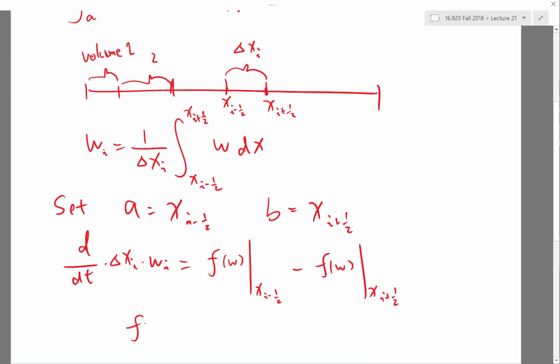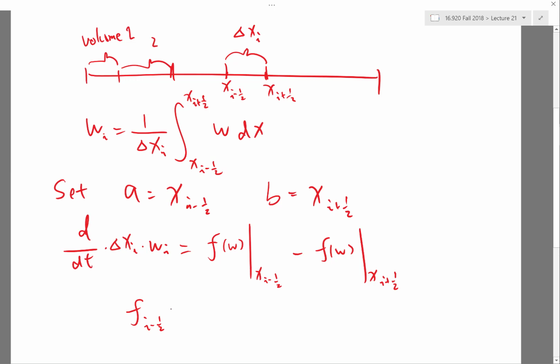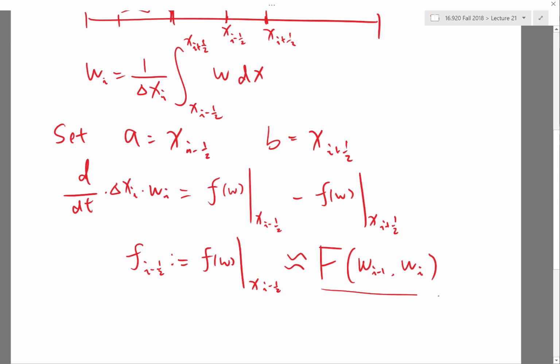And we have to approximate. Let's write f at i minus half, which is shorthand for f of w at xi minus half. We have to approximate it as a certain function. Let's write it as f of wi minus 1, wi, and potentially nearby values of w, which are all the cell averages. This is our finite volume approximation. We also call it the flux reconstruction. This is all the approximations in finite volume.